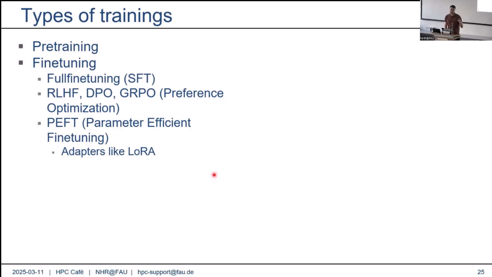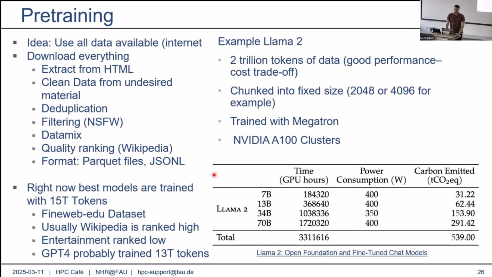There are also ways to do it with adapters like LoRA, which are less computationally hard to train. And what's upcoming also is preference optimization, like reinforcement learning with human feedback, which was the first one used in ChatGPT. But now there are also algorithms like DPO, direct preference optimization, or GRPO, which we see now in the DeepSeek models. So let's go into pre-training one more time.